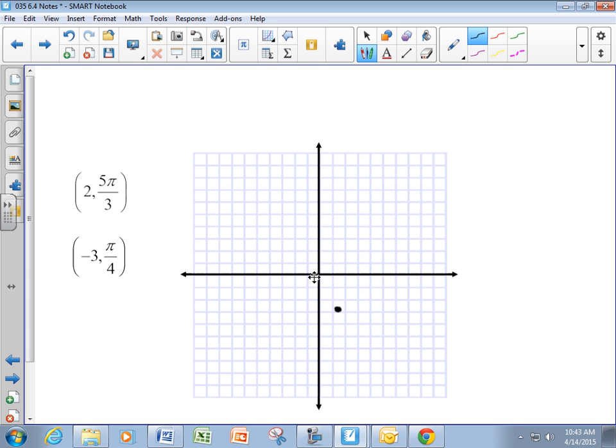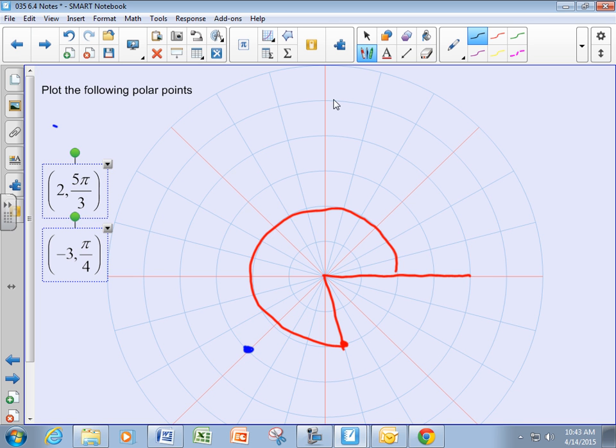For (-3, pi over 4), 1, 2, 3, and then go about my 45 degrees. Again, it doesn't have to look perfect. I've seen people do it just with x and y axes, and they just estimate where that point is. So it does not have to be with this specific of a polar coordinate plane.